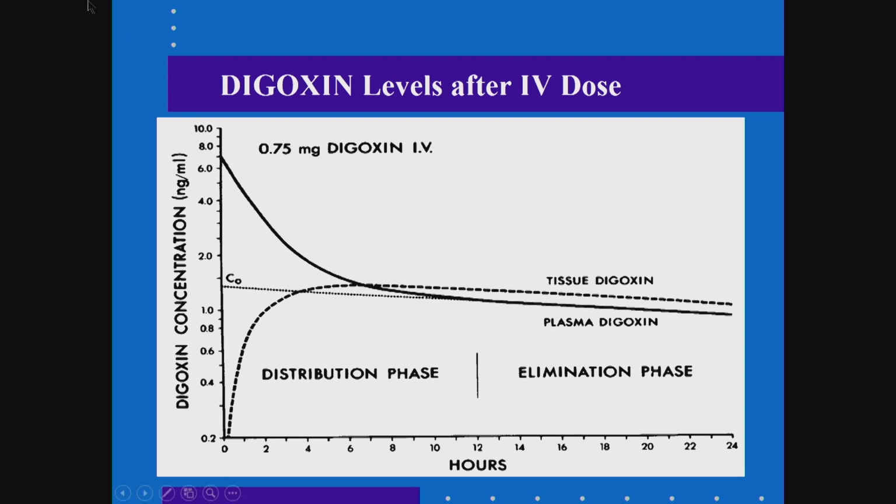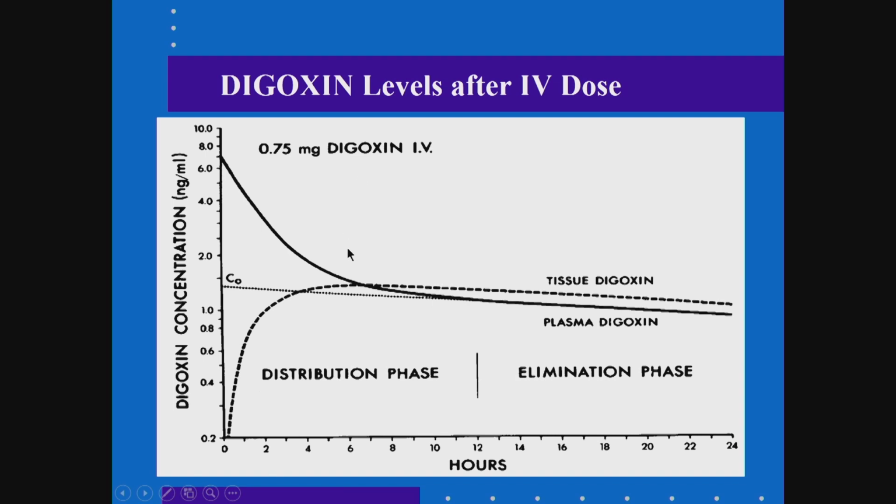Here we're plotting the concentrations of digoxin in plasma. This is a logarithmic scale versus time in a linear scale. And we're showing the plasma concentration versus time curve for digoxin after intravenous administration of 3/4 of a milligram, single dose.